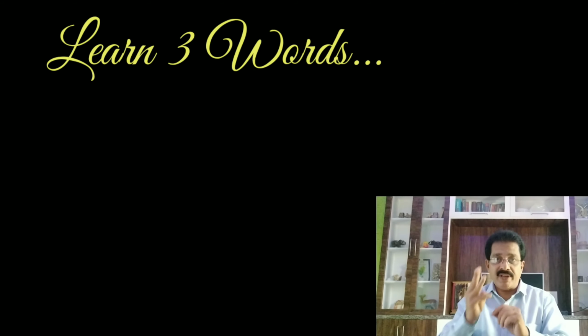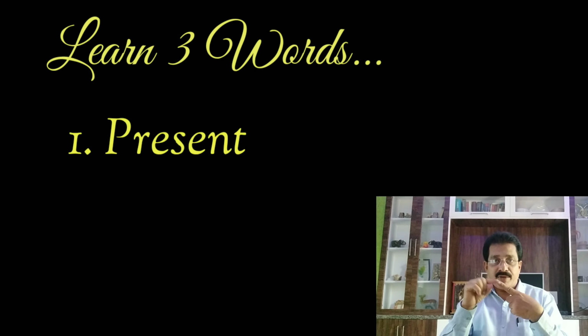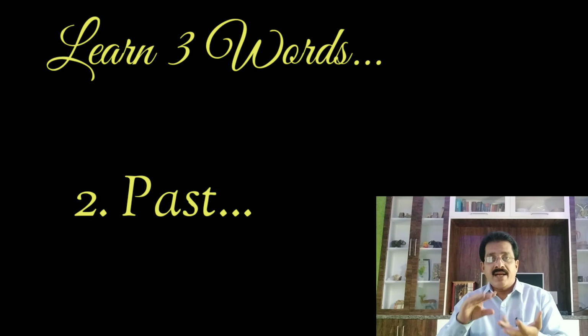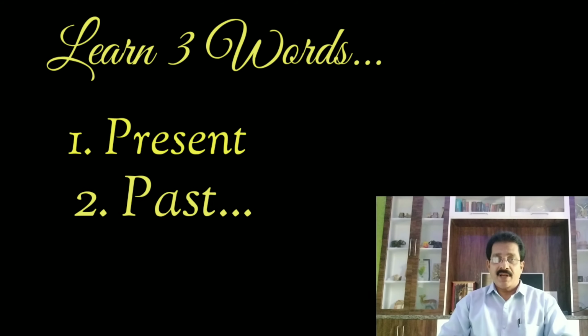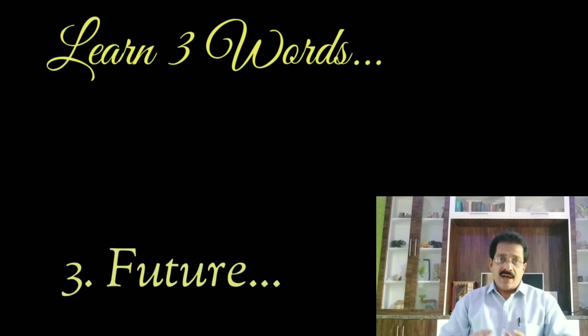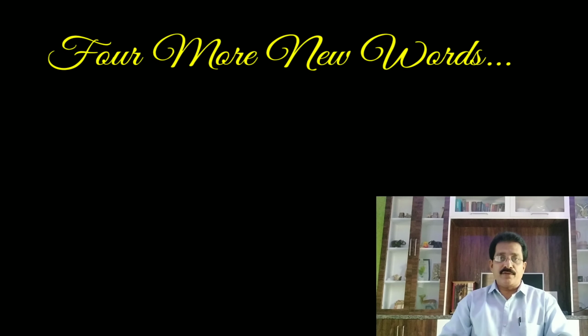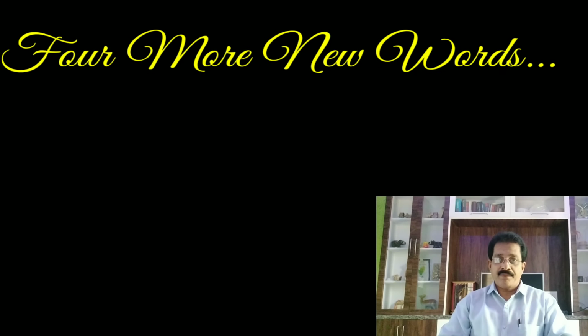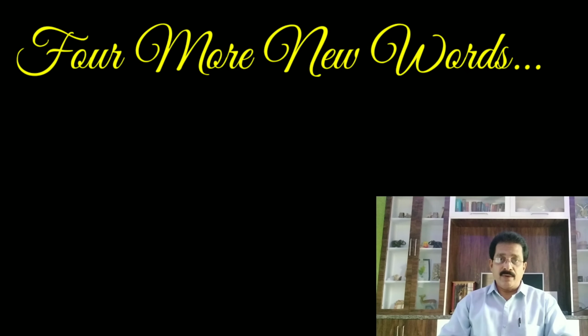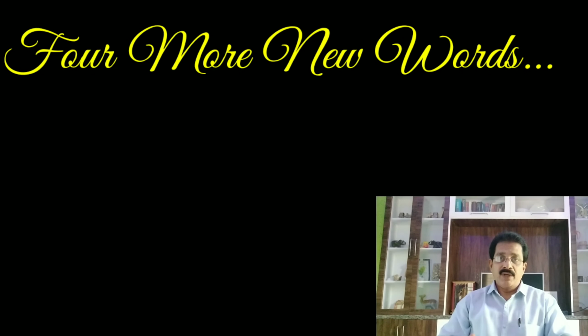First, you have to learn 3 tenses: present tense, past tense, and future tense. Once you remember these, I am going to teach you another 4 words or phrases. So first we have to know 3 tenses, very easy. Present, past, future.